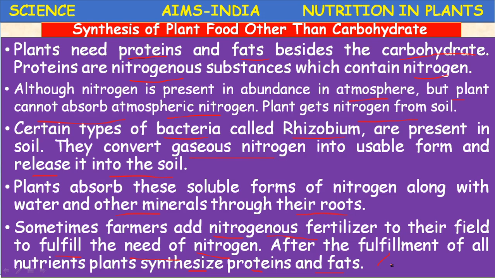If the soil loses the fertility after every crop, then the farmer has to add some supplementary nutrients in the form of fertilizers. These fertilizers are of two types, chemical fertilizers and biofertilizers.